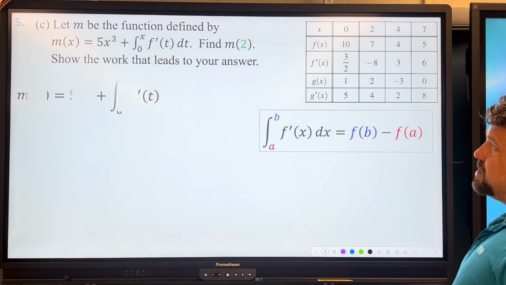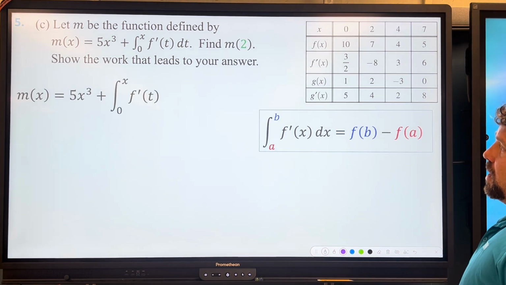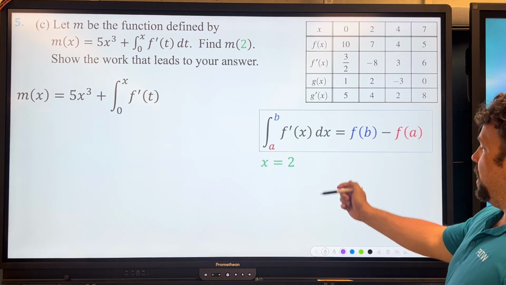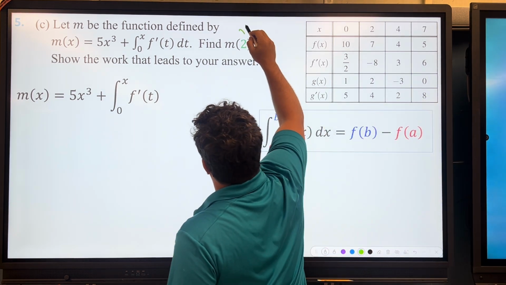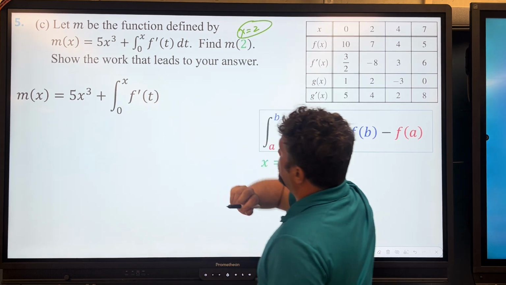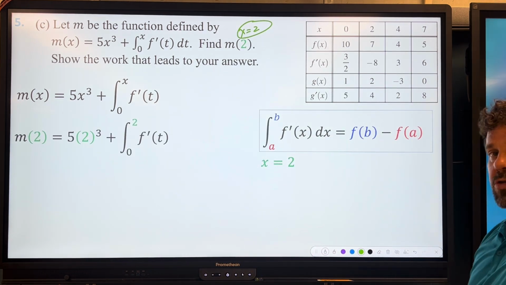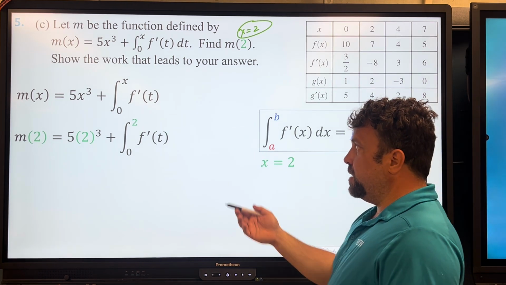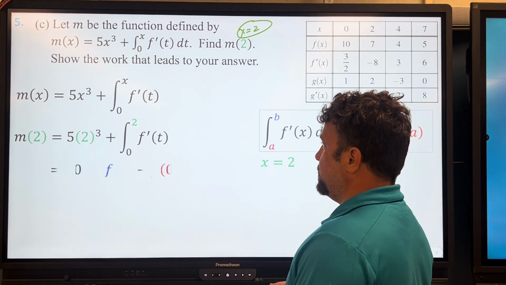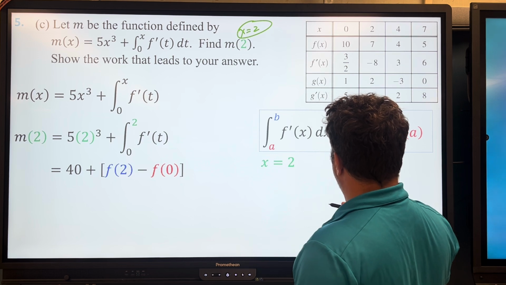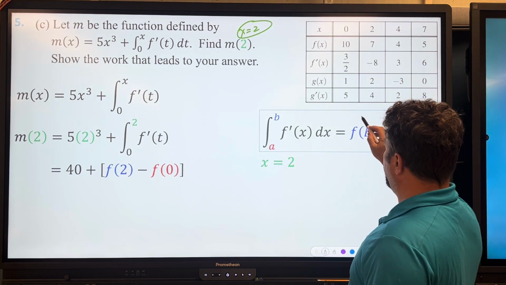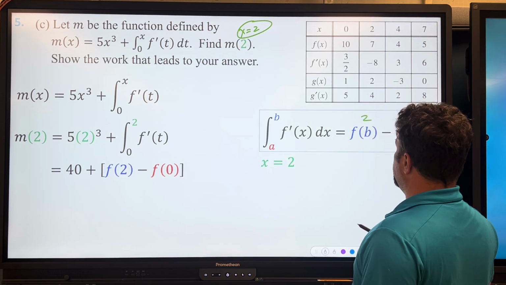Now we know that x here is going to be 2. How do we know x is 2? Right there. So m of 2 equals 5 times 2 cubed, 5 times 8, which is 40, plus the integral from 0 to 2 of f prime of t. From 0 to 2 would mean f of b is f of 2, and f of a is f of 0.